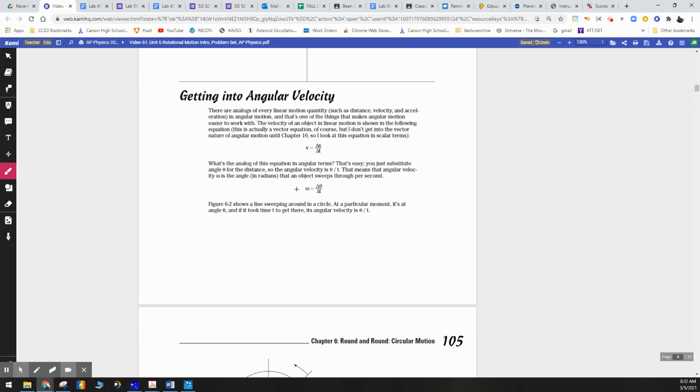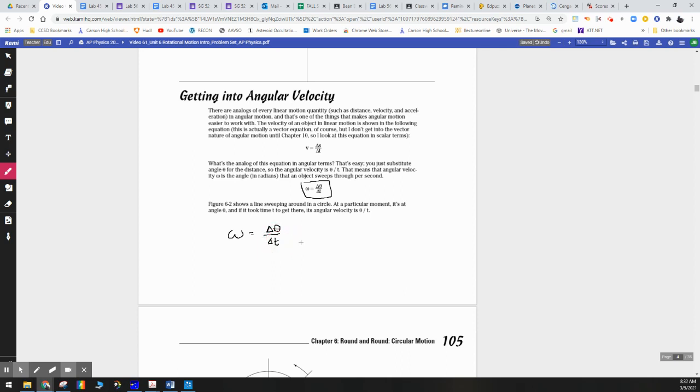What we have here is the relationship for angular velocity, this omega. What this omega is asking about is how fast theta changes with respect to time.